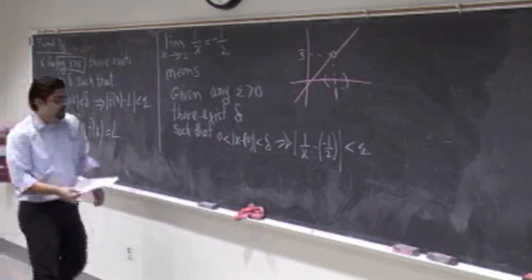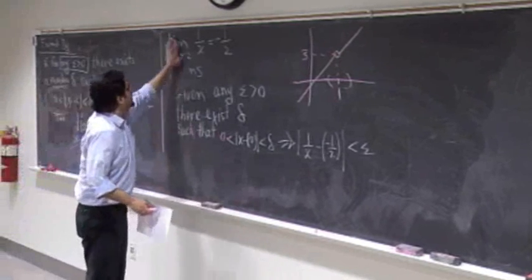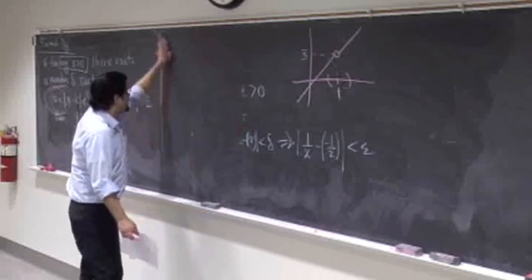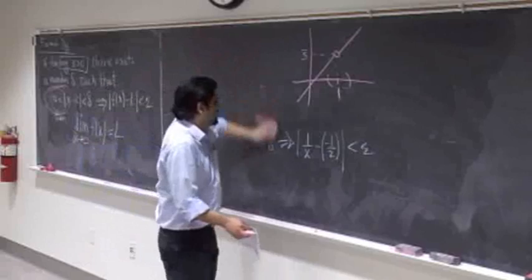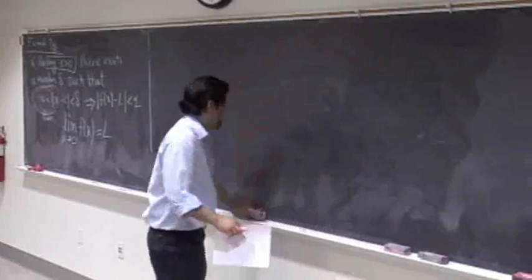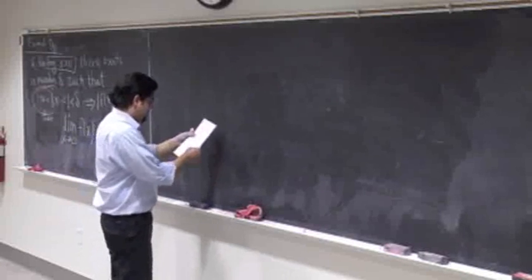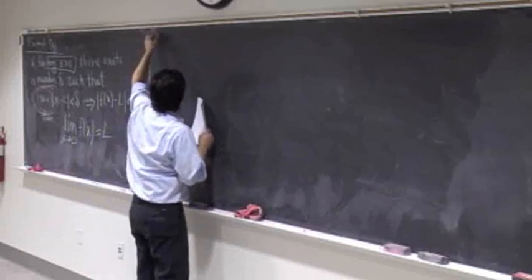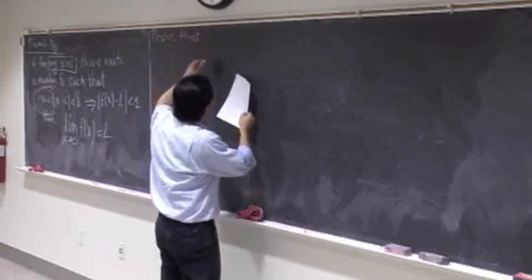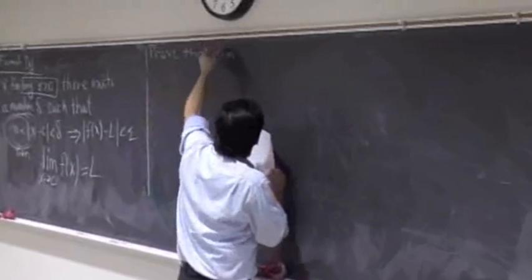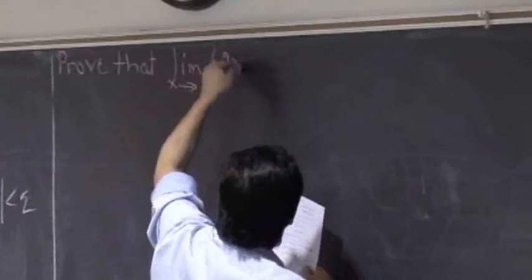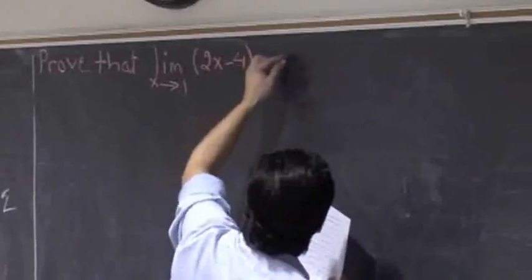So we are kind of ready to write some proofs. Prove that the limit as x approaches 1 of 2x minus 4 is equal to -2.